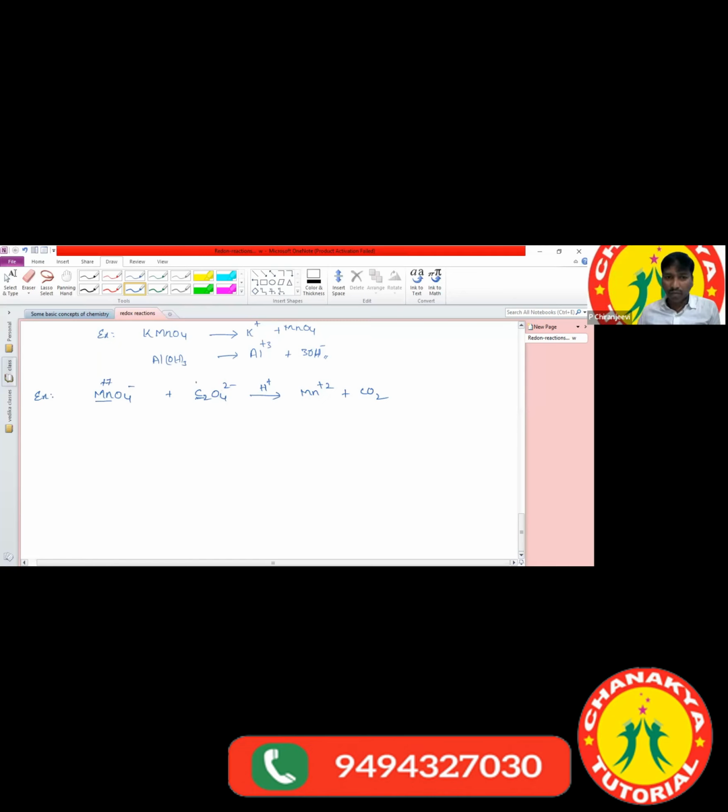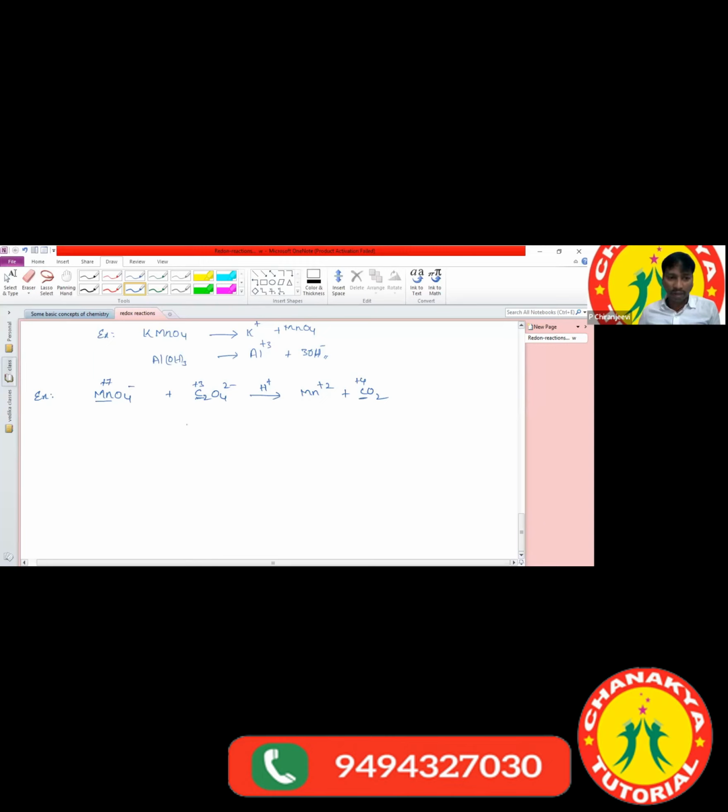And what is the oxidation number of the carbon in CO2? +4 is the oxidation number.